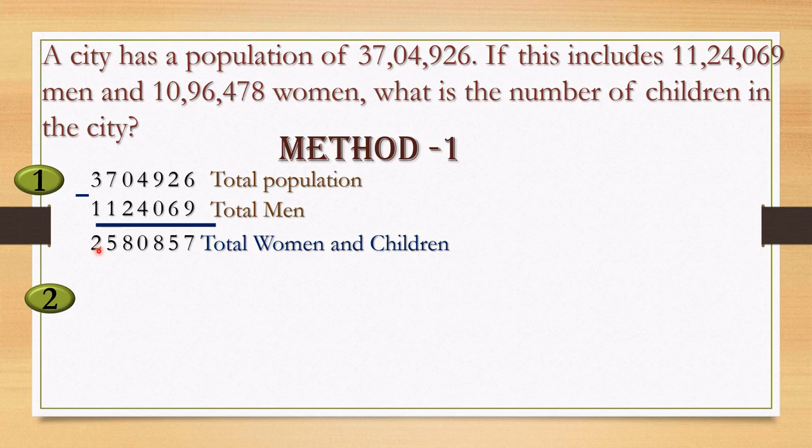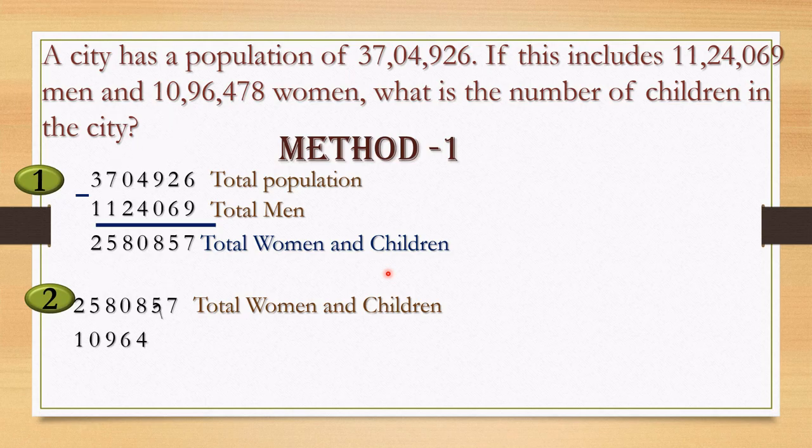Step 2. Here we will take this total of women and children first. Okay? And then we will minus the total women from this, that is 10,96,478. Okay? We will do this. Again, subtraction. 7 minus 8, not possible. So 17 minus 8, that is 9. Okay? 4 minus 7, not going.